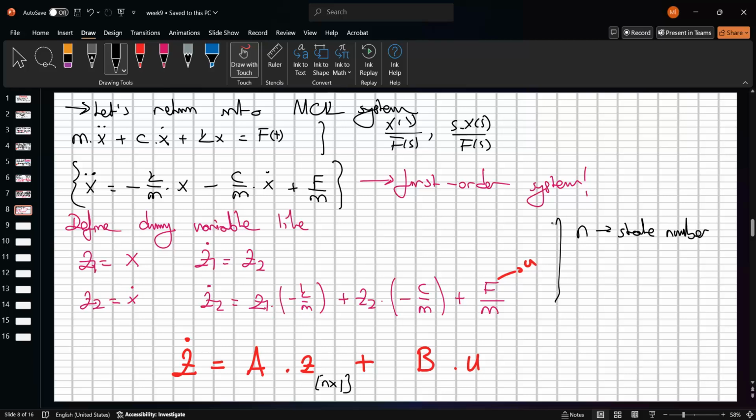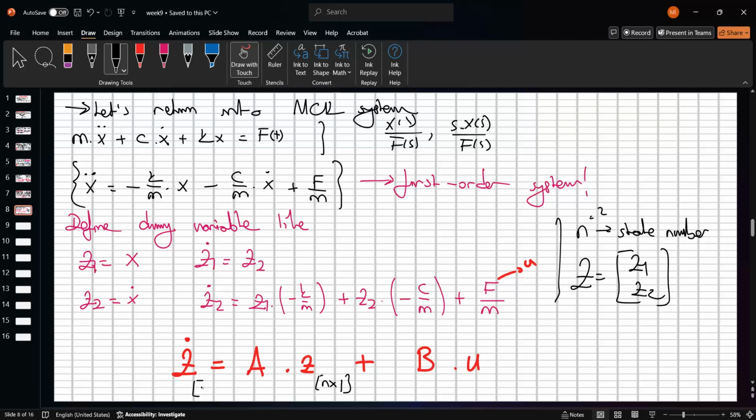This is equal to what? To z. And z is z1 and z2. This is always equal to this one. And so what is the dimension of z dot? No, n is equal to 2.